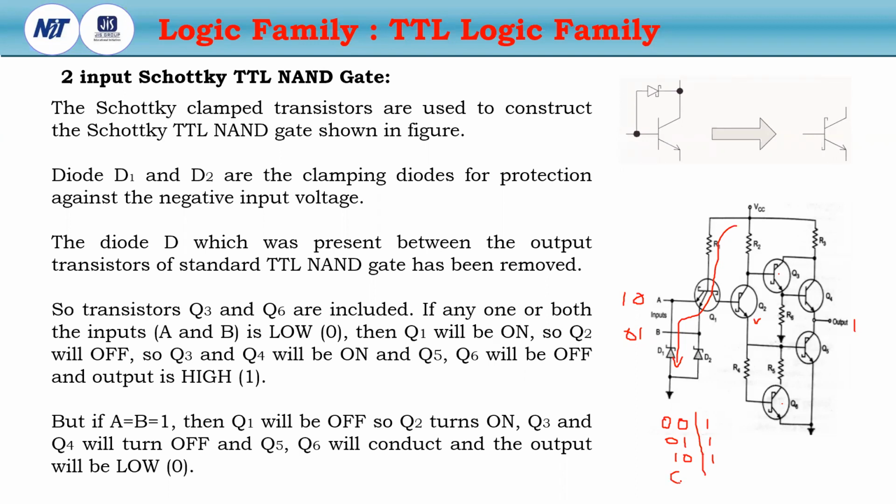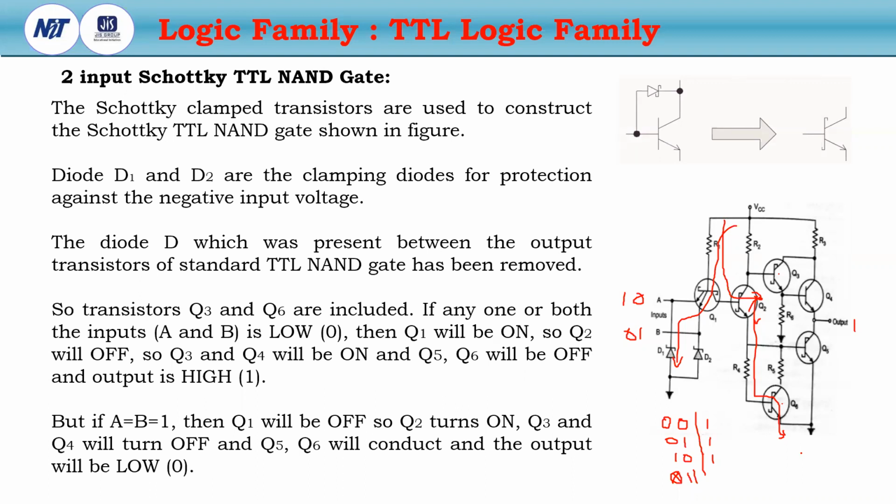Now, if both the inputs are 1, 1, then what happens? DA and DB will be in reverse bias, so the current will flow like this, and this, and this. Then Q2 will be turned on.